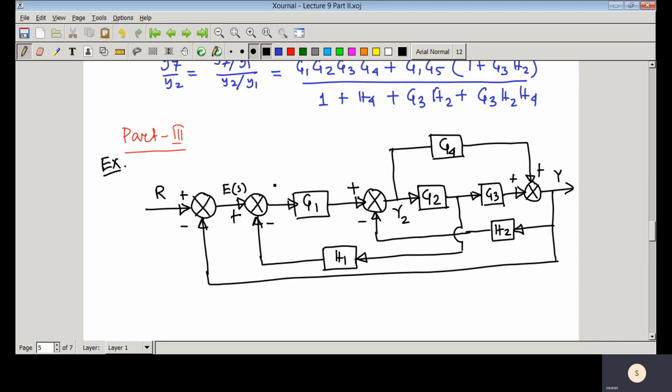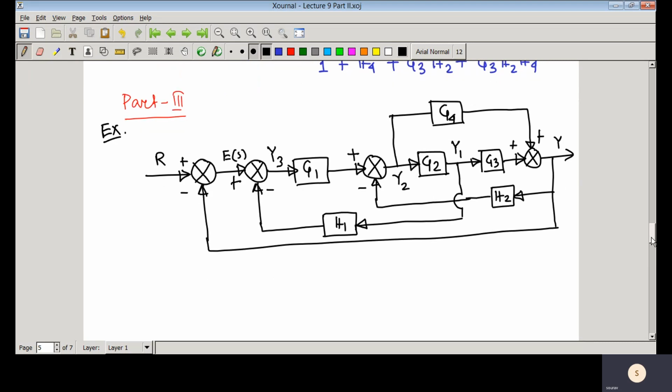From there we will be finding the transfer function. So this variable is defined as Y3, this is Y2, and you have another variable, that is Y1, and these are the transfer functions. So suppose you have this block diagram representation of a closed loop system.